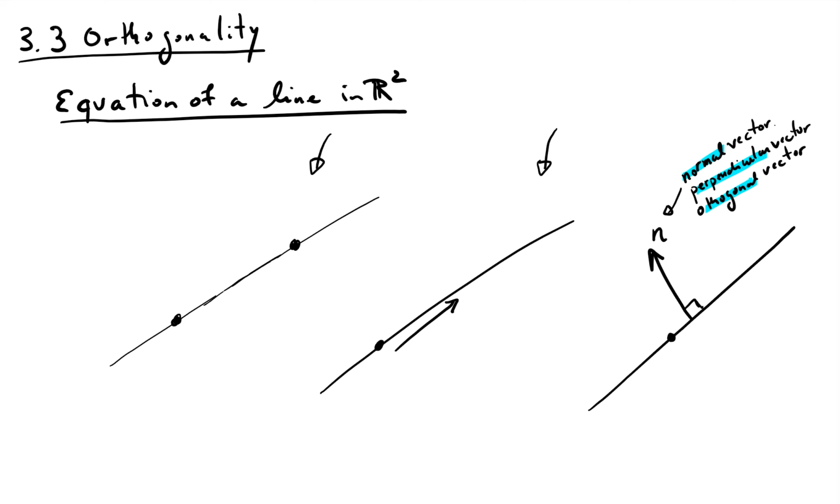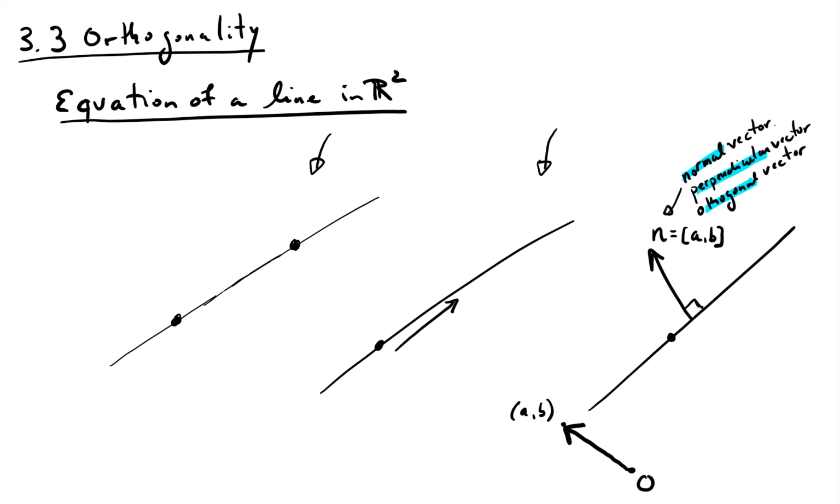We could also, since we're in R2, say it's a vector with coordinates (a, b). Now, remember, the origin could be here, somewhere else. If I say that n has coordinates (a, b), it means that if (a, b) is a point in the plane, n would be a vector starting at the origin and ending at (a, b).